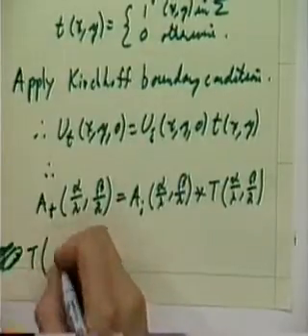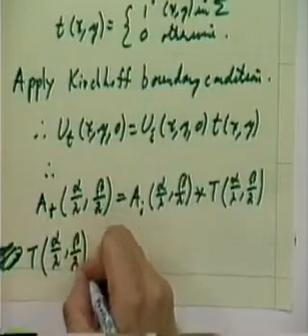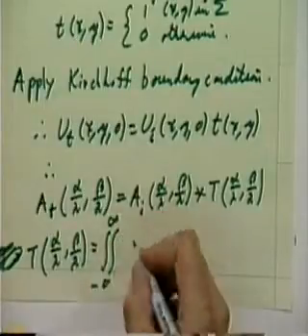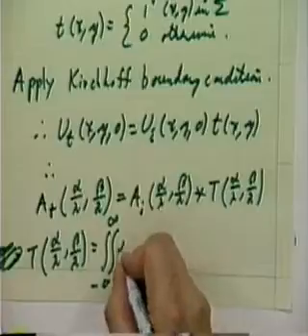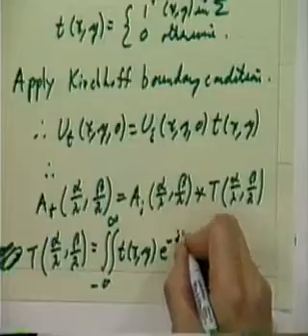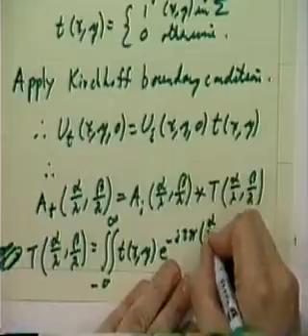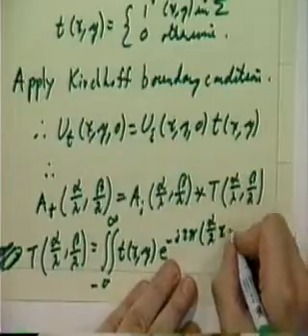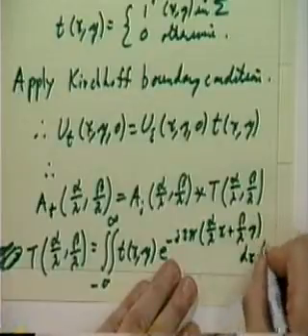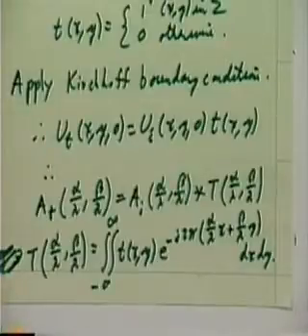Capital T of alpha over lambda, beta over lambda, is just the Fourier transform of whatever this aperture function is: the integral of t of x, y, e to the minus i 2 pi, alpha over lambda times x plus beta over lambda times y, dx dy.